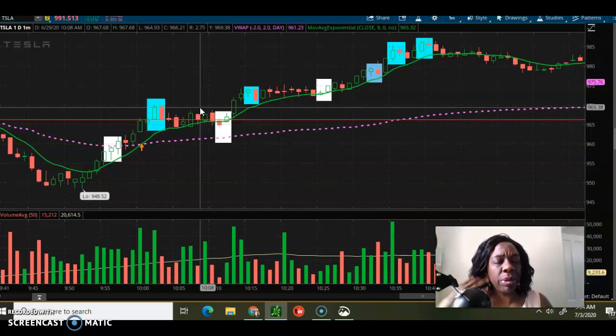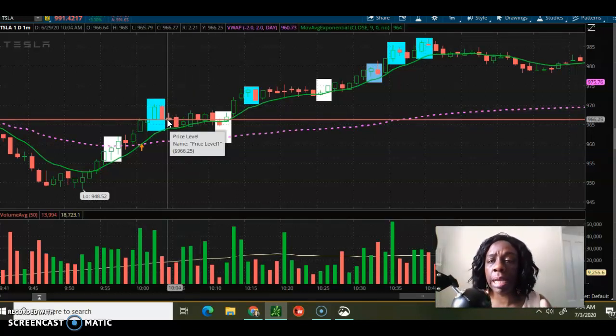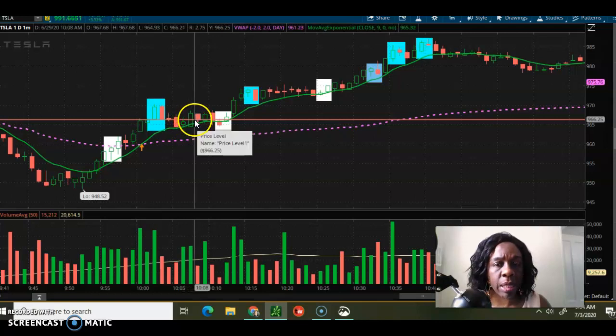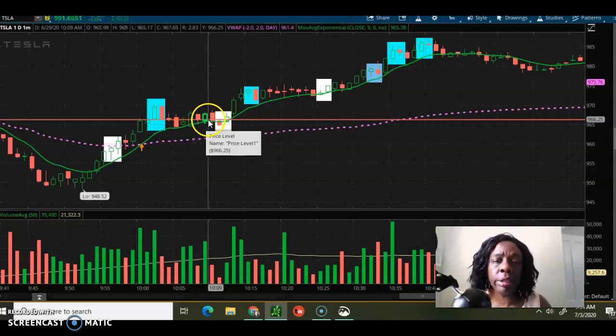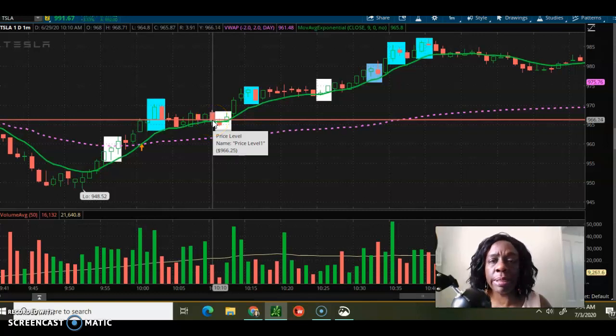I don't know why I'm calling it a box, but the previous candle, or the previous minute. So price action had fallen down to this red level. I exited the trade and kept an eye out, looking for another entry point.